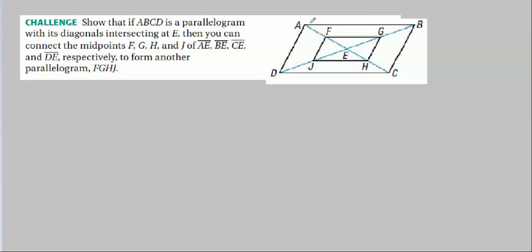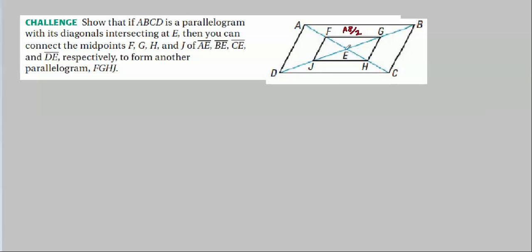Well, we have a triangle here, and they're telling us that F and G connect the midpoints of these two sides, forming this triangle. Let's just forget about the fact that these are diagonals. Who cares? The point is, this forms a triangle. And this is a midsegment of that triangle, which means this is AB over 2. You probably can't read that. I had to write it kind of small to fit it in there. But this midsegment has to be half the length of this.